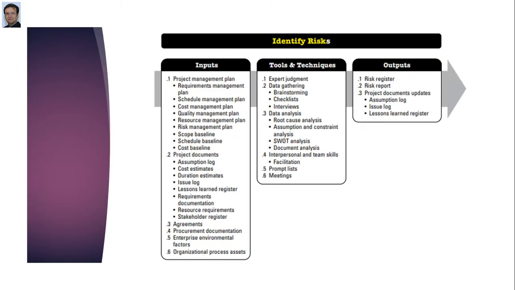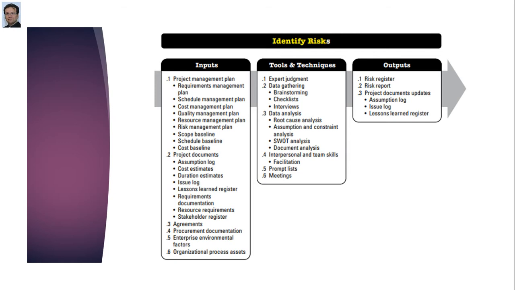So in inputs you need the scope baseline, schedule baseline, and cost baseline along with all management plans, whereas you need project documents like cost estimate, assumption log, duration estimates, lessons learned register, requirement documentation, stakeholder register, agreements, procurement documents, enterprise environmental factors, and organizational process assets.